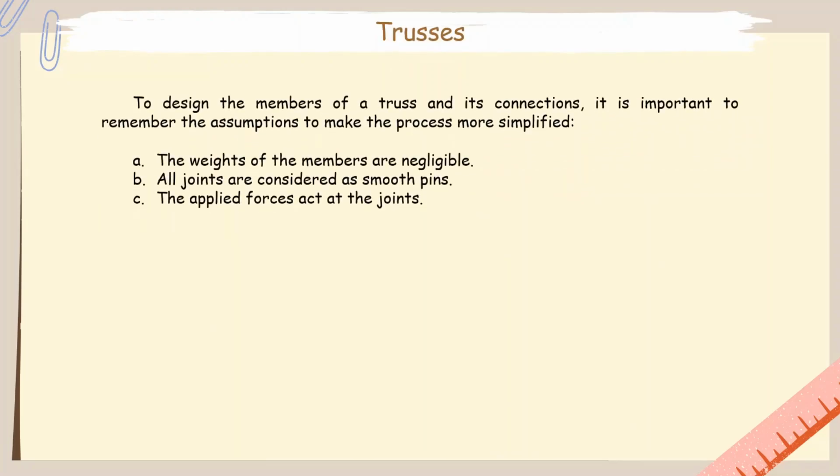To design the members of a truss and its connections, it is important to remember the assumptions to make the process more simplified. So when we do analysis on trusses, these are the following considerations or assumptions. First, the weights of the members are negligible.